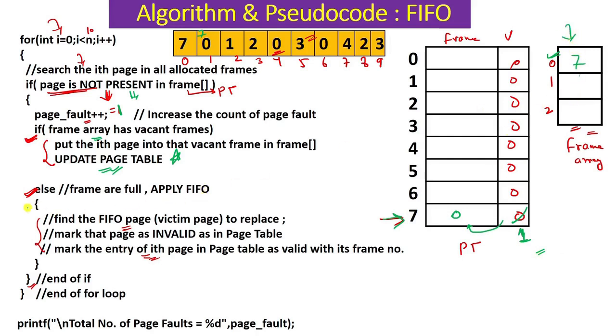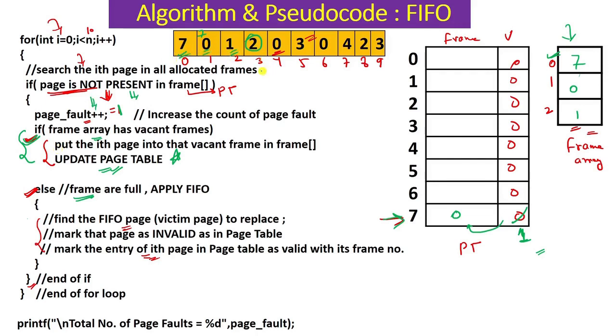The same thing if the frame array is full, let's say here it is 0, it is 1, and next time 2 came, so what I have to do, I will do all these things. Then I will not come here, right? I can come here only when the frame array has a vacant frame, and the frame array will have a vacant frame only for these 7, 0, 1.